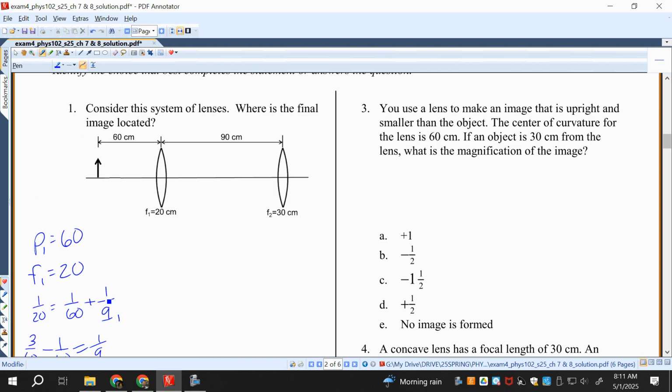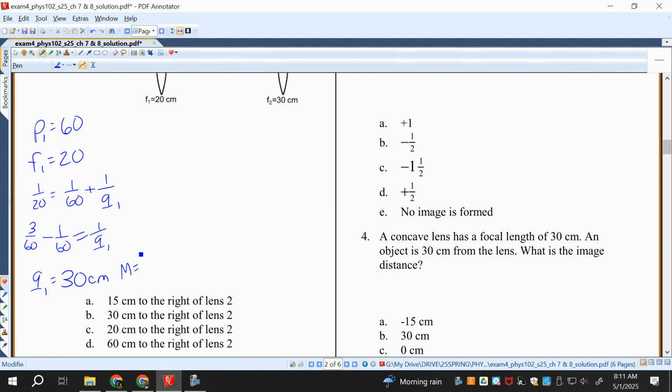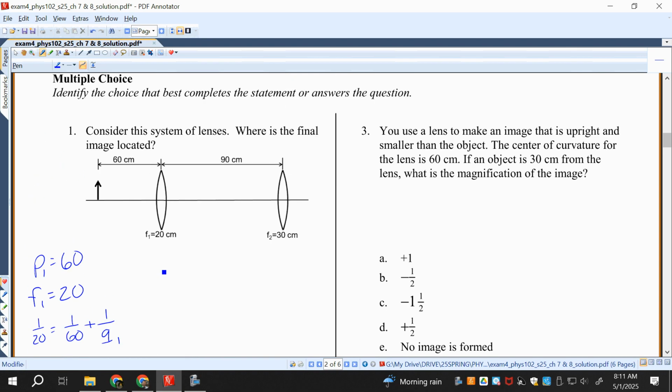By the way, let's go and calculate the magnification. M is negative Q1 over P, negative 30 over 60, or negative 1/2. So my image is going to be 30 centimeters, and it's 1/2 the size of the object, and it's inverted.